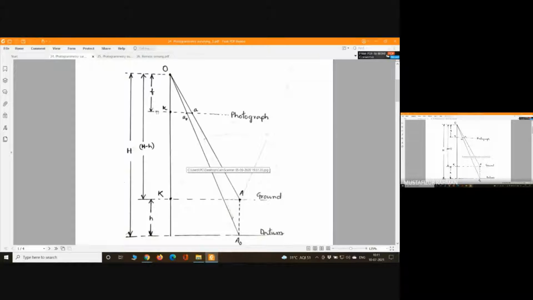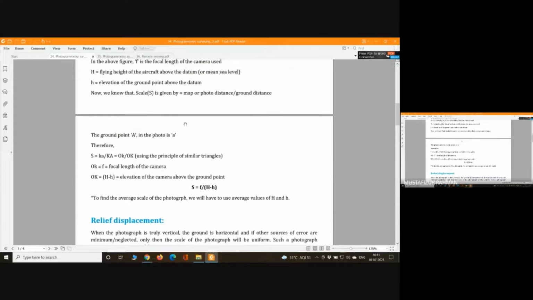Here we have F, and this is the O point. The RL of the O point is capital H, we are saying. The RL of the ground point, we are saying small h. So the elevation of the exposure point from the ground will be capital H minus small h. And if we use the principle of similar triangles, we see that the scale is coming up like this: F divided by capital H minus small h.